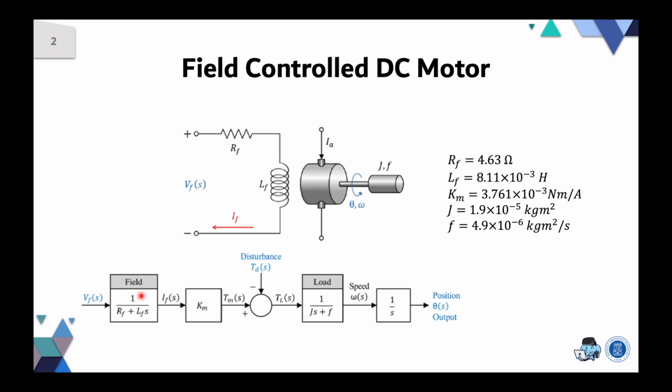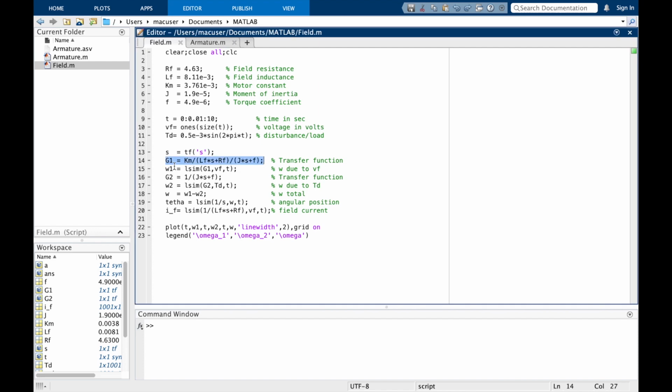The field, that is 1 over RF plus LFS. The second transfer function is Km, and the last one is 1 over Js plus F. So I'm multiplying all of these, thus I get G1 equal to this one. This is the multiplication of those three transfer functions.